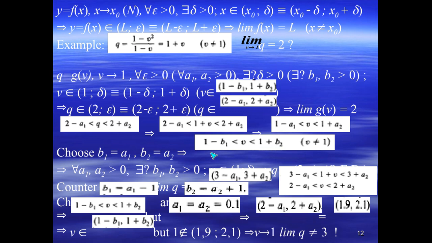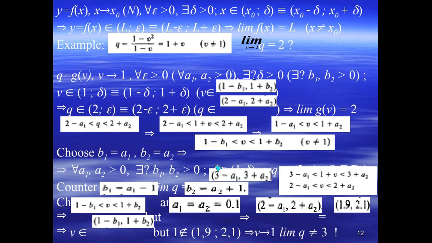What does it mean? For any a1, a2, however small they might be, I choose b1 equal a1 and b2 equal a2. So I obtain deltas. b1 and b2 are deltas. a1 and a2 are epsilon.